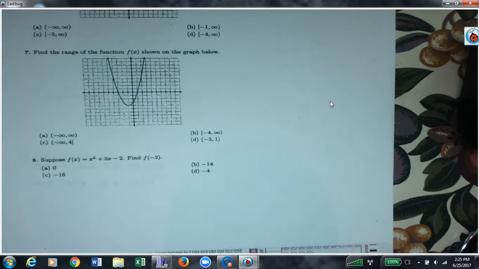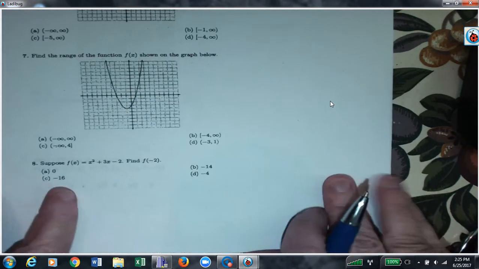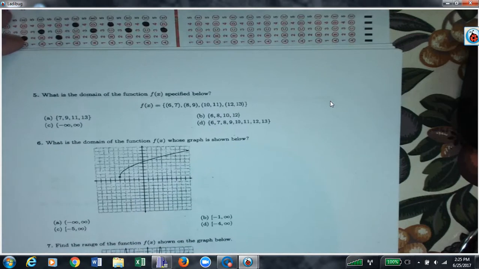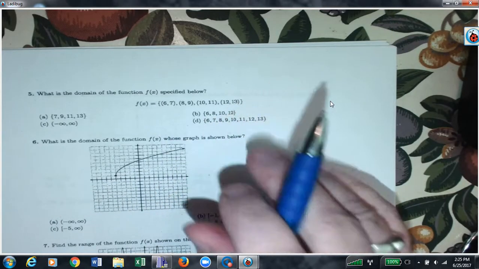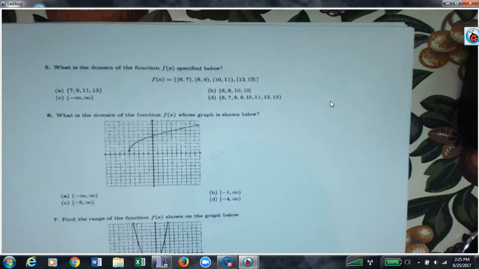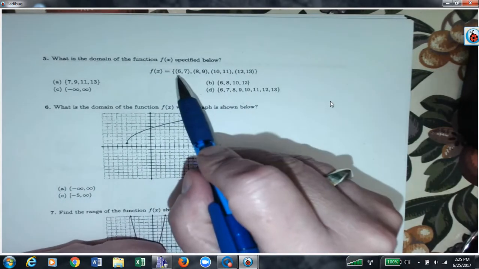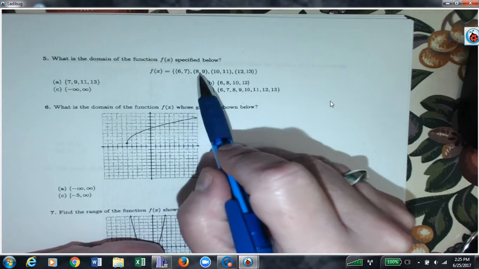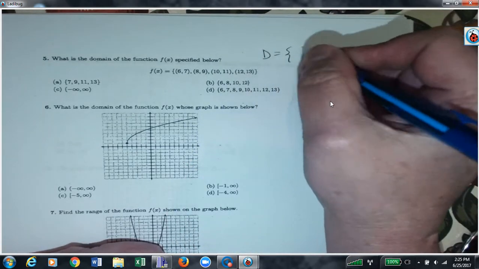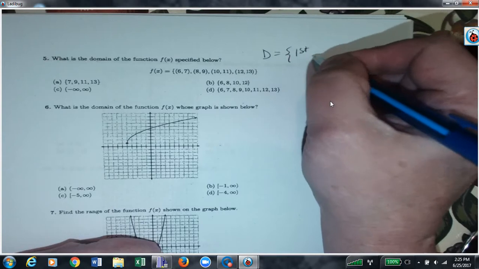Okay, so continuing along, let's look at number 5. What is the domain of this function specified below when it is a set of ordered pairs? Then the domain is going to be the set of the first coordinates.